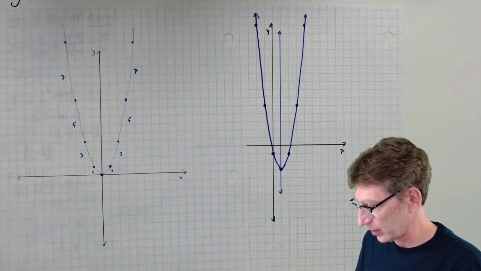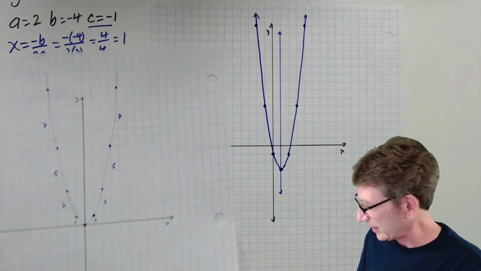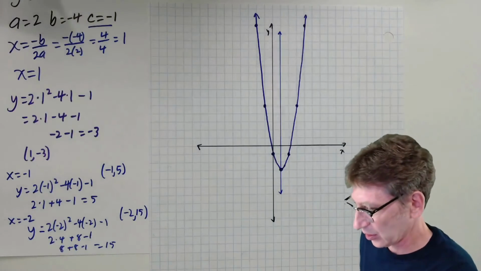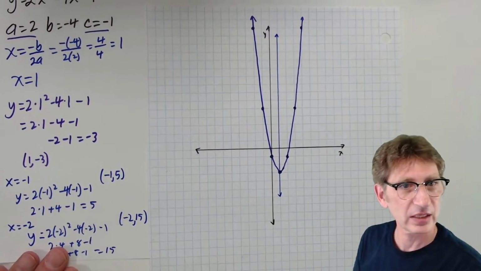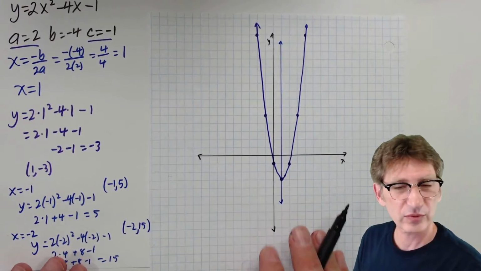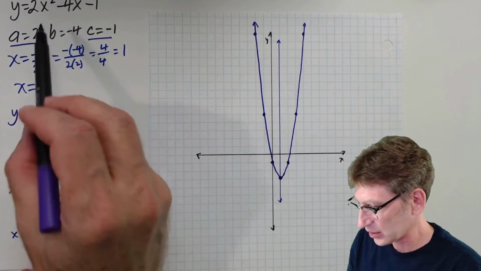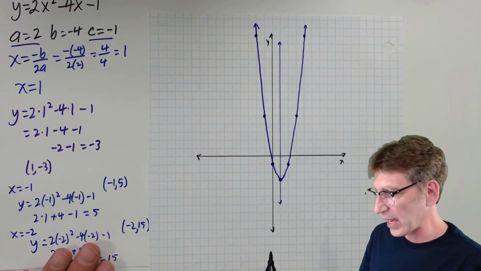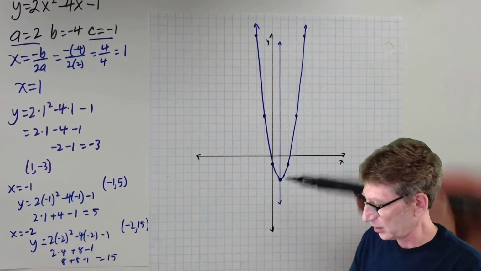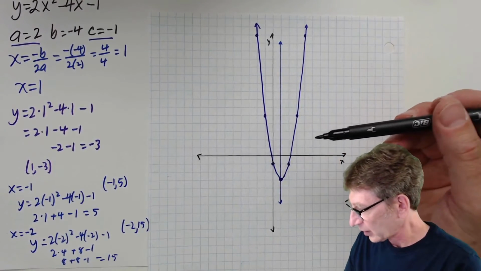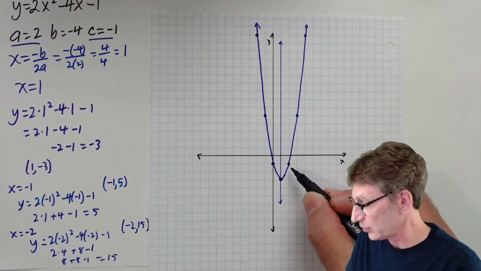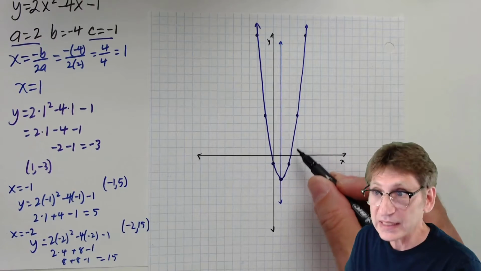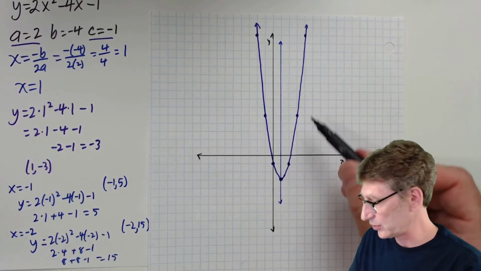Sometimes a parabola is narrower, and that is a result of this value of a, which is making the parabola narrower, because we're multiplying this first term, and so our output values are increasing. So instead of over 1 up 1, over 1 up 3, I'm going over 1 up 2, over 1 up 6. I'm doubling those output values.